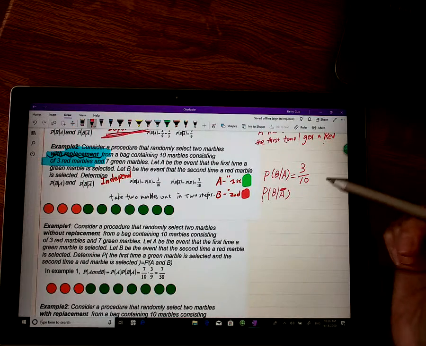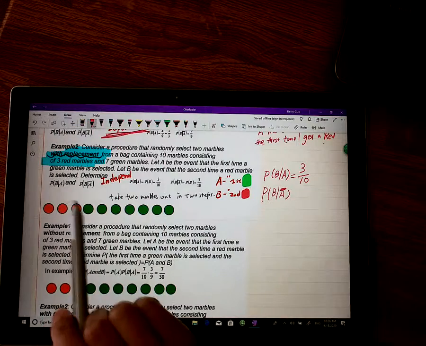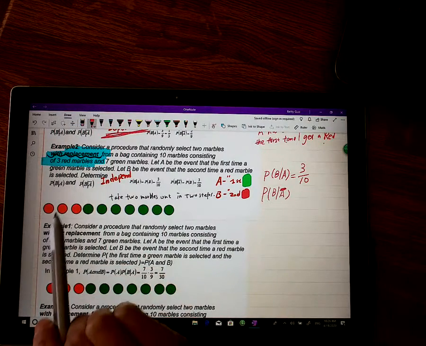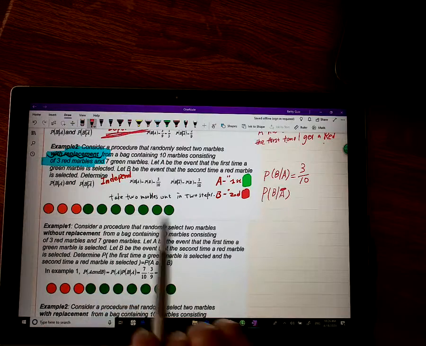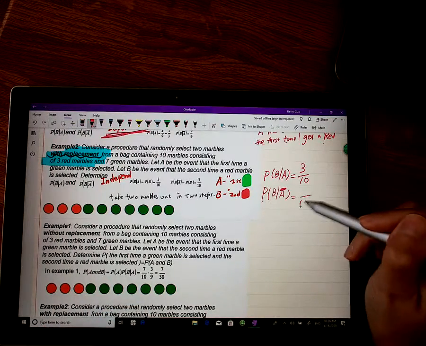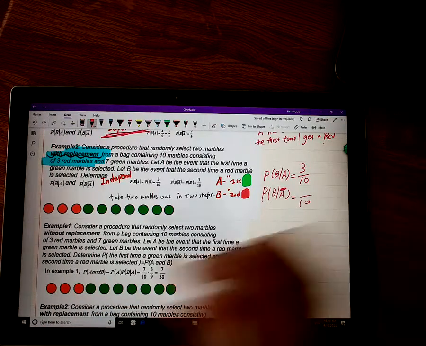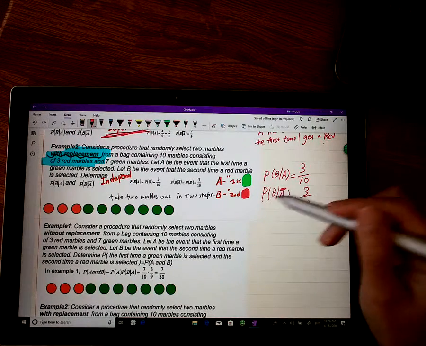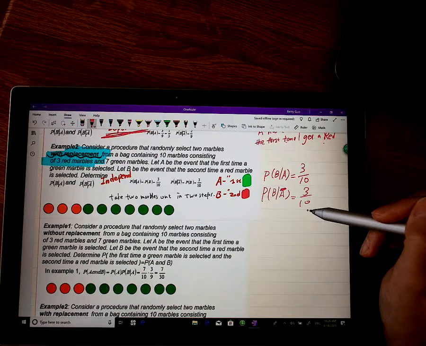It doesn't matter, because you put it back with replacement. So when you take the second marble, you still have 10 in the bag. You still have 3 favor the red marble result. So the conditional probability is still 3/10.